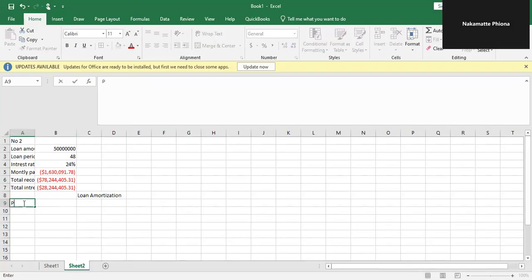Here I have period. We have PMT as our monthly payment. Have PPMT as our principal payment.